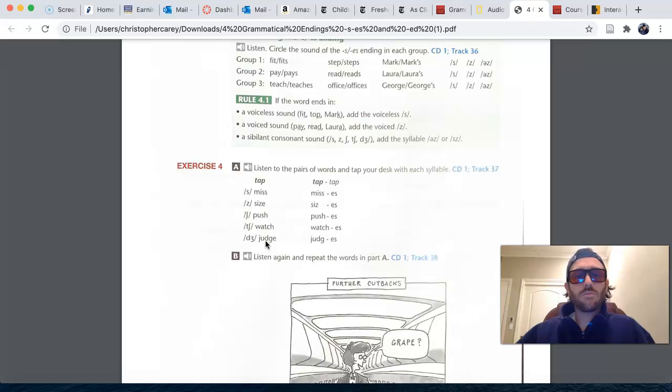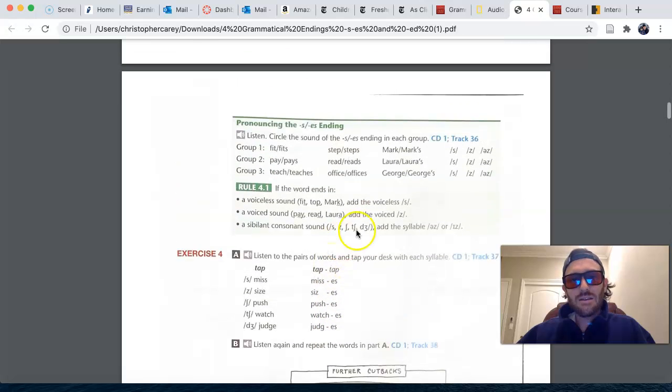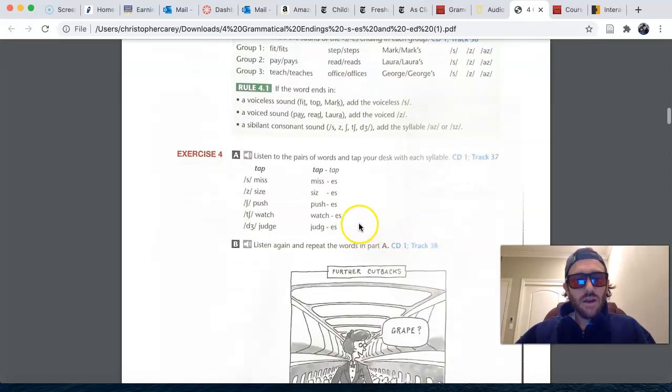Count the amount of syllables that you hear in the first column compared to the second column, and you'll see here how the ES adds a consonant sound and a vowel sound right together. So give that a listen, train your ear, and in doing so, you're really going to be training your mind and your mouth to be able to produce that when you're speaking and pronouncing in English.